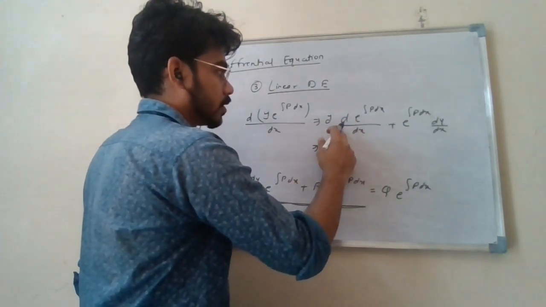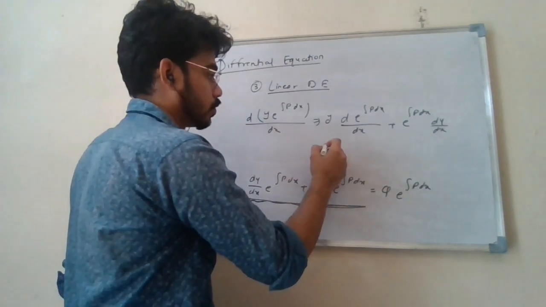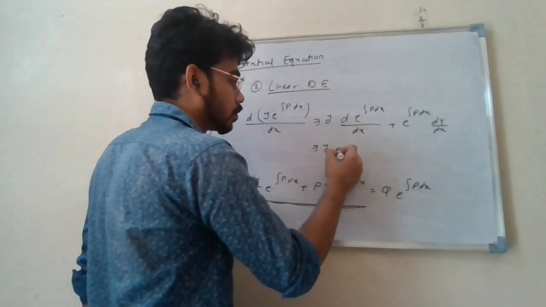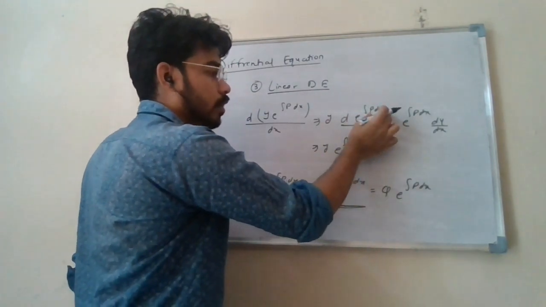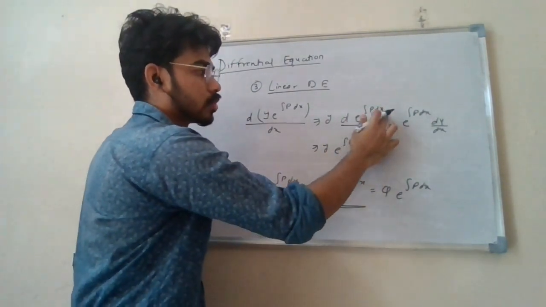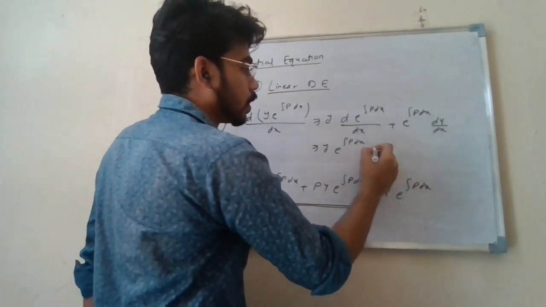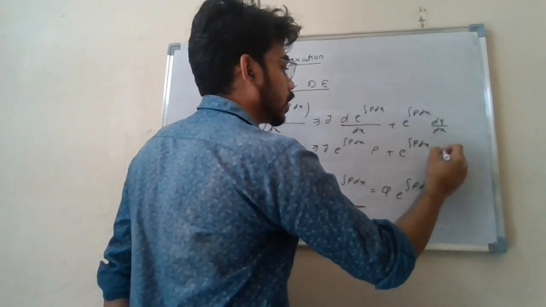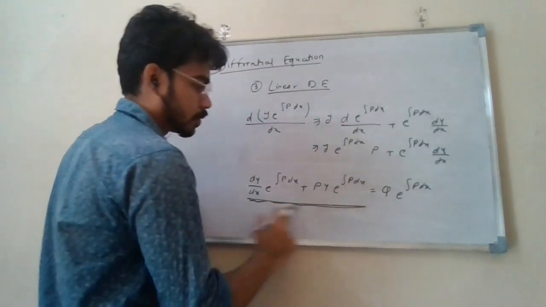Here it is a derivative of an e to the power x type function, that means the derivative of e to the power x is e to the power x itself, meaning e to the power integration of p dx, and with it we have to multiply the derivative of integration of p dx. So integration and derivative just cancel out, and we will get p only here, plus e to the power integration of p dx into dy by dx as it is. So this term and this term are the same.